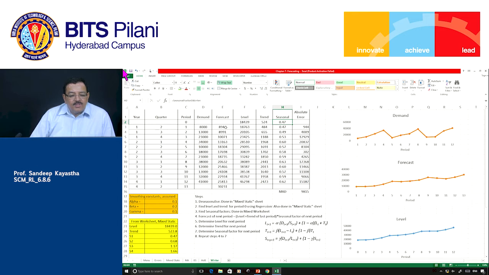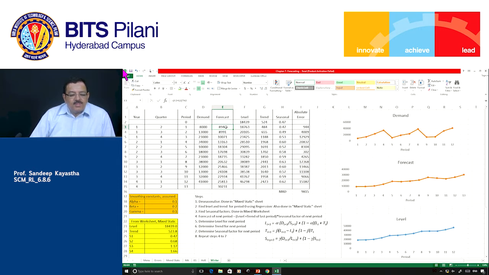Now we make the forecast. Forecast is quite simple. We are using the mixed model. So that is level plus trend into seasonal factor. This is what we have got. F2 plus G2. Add these two. Multiply by seasonal factor. This is your forecast.